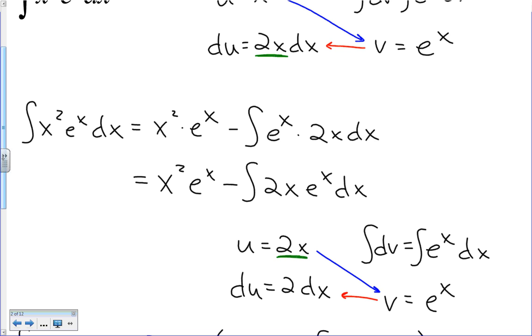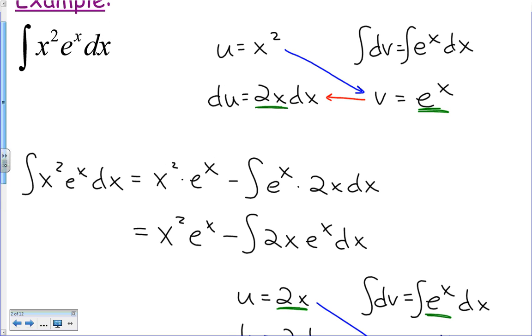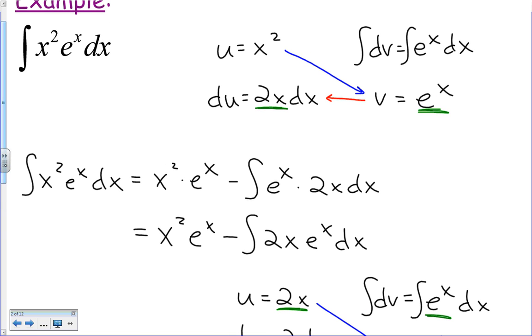Not only that, but you'll notice that what we ended up with for v here, in the first iteration of this, became our new choice for dv the next time. So again, you're writing that information down twice. And the other thing that you'll notice here is that we're actually writing down the differential that we come up with when we are finding du. And we're also starting out with that over here when we write down what dv is equal to.